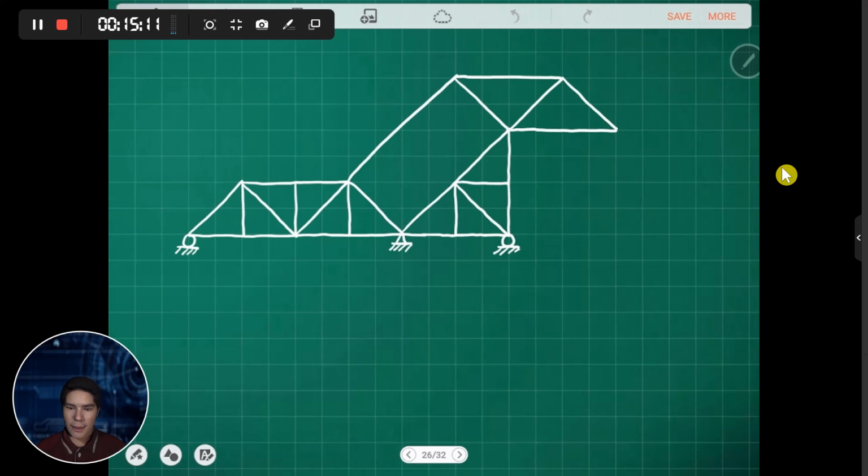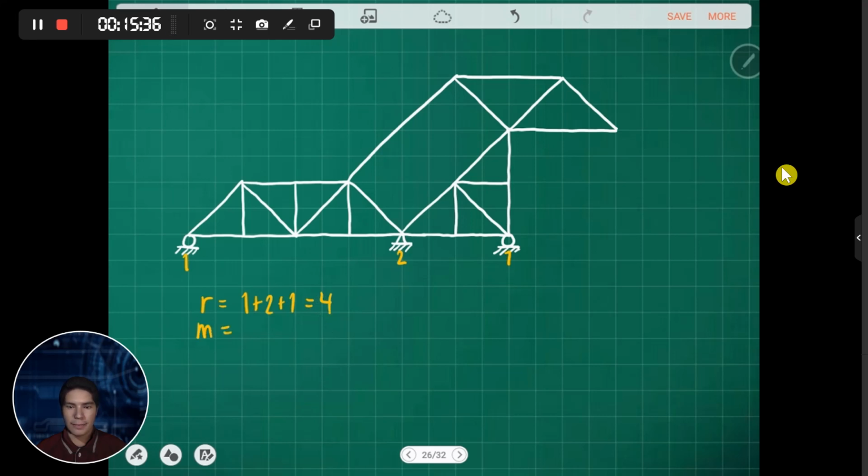Okay, so another problem here. Again, we count the number of reactions. We have 1, 2, and 1. So we have 1 plus 2 plus 1, a total of 4.